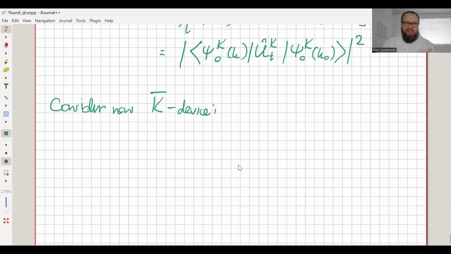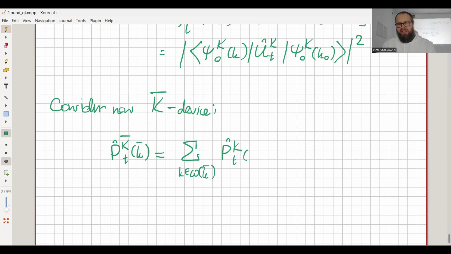So we know that projectors of coarse grain device are associated with projectors of fine grain device. So with P_k, t, k, all right?